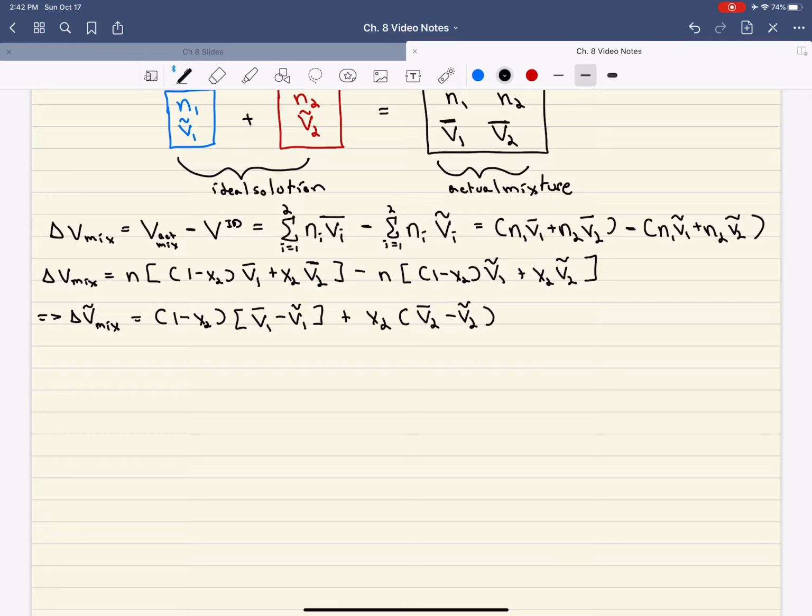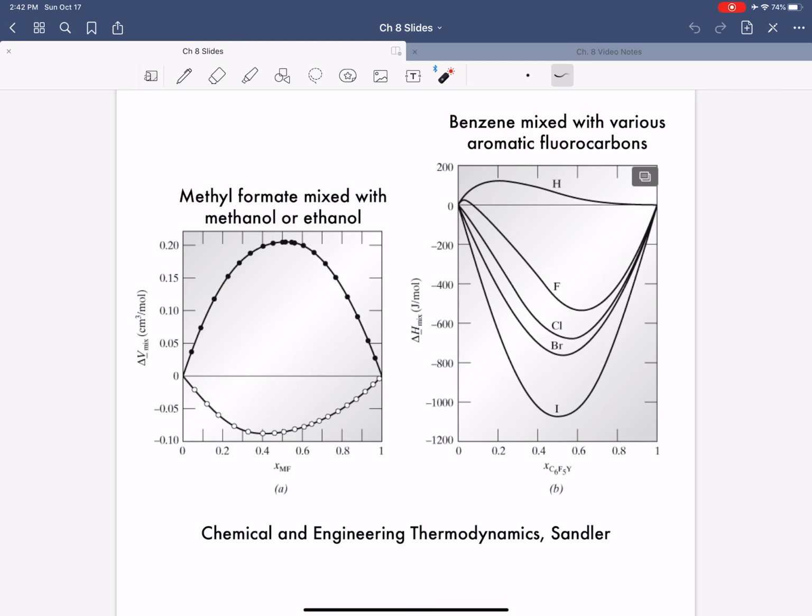Alright, so we have an equation, but in our equation we have two unknowns still: V1 bar and V2 bar. Everything else is something that we could actually get from measurements. So like this delta V mix, this is something that we measure. That's what the data are on this right-hand side.